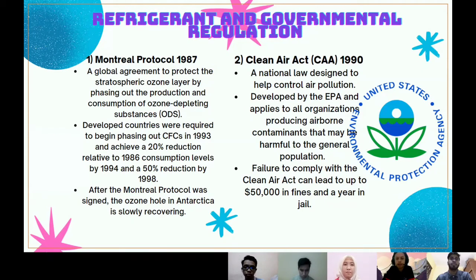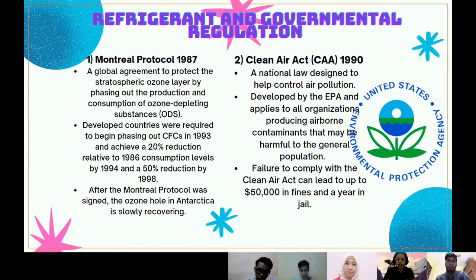Previously we have discussed refrigerants, the meaning of refrigerant, the refrigerant types, and the impact on the environment and on the human body. Now I will talk about the regulation of refrigerants and the government. The first regulation is the Montreal Protocol 1987, a global agreement to protect the stratospheric ozone layer by phasing out the production and consumption of ozone-depleting substances.